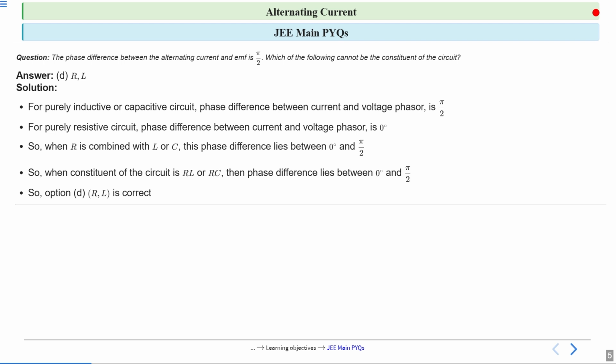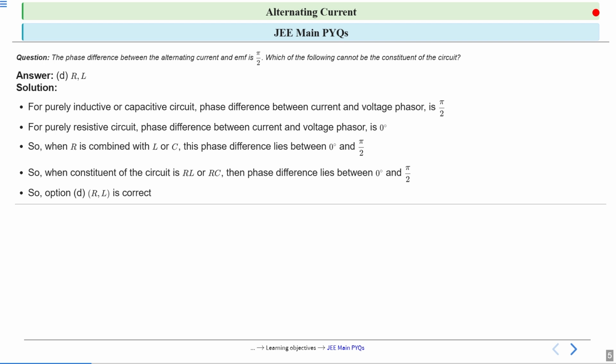Okay, and why is option LC not correct? The first option was the LC circuit, because for both inductor and capacitor, if they are connected in series, the voltage phasors due to both capacitor and inductor are with pi by 2 phase difference with current, and they are exactly opposite to each other.